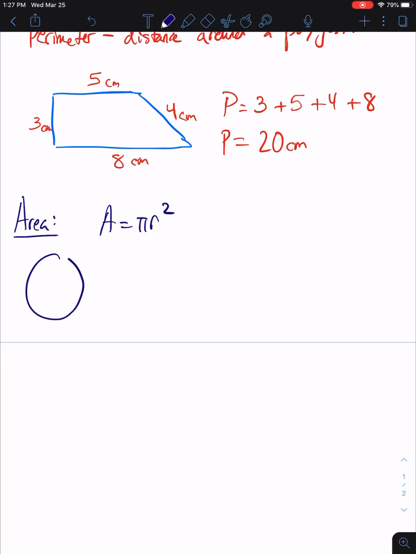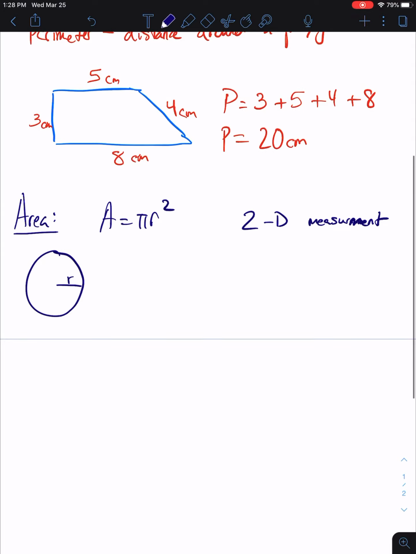If we have a circle and we know the radius, we can figure out the area of that circle. Area is a 2-dimensional measurement, and what we know about area is that it's going to tell us how much we need.